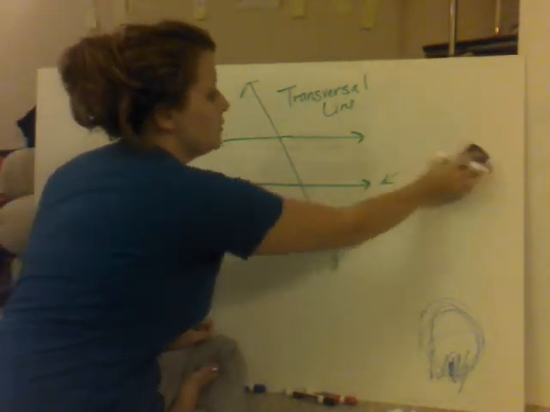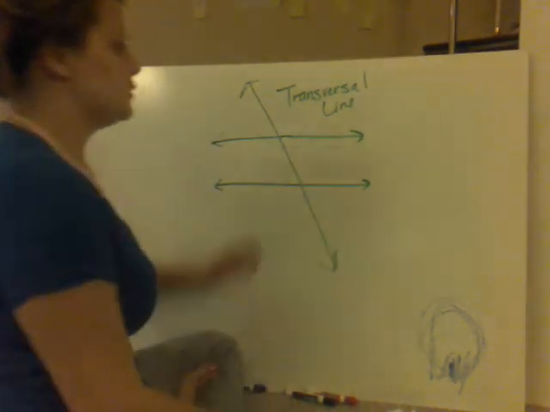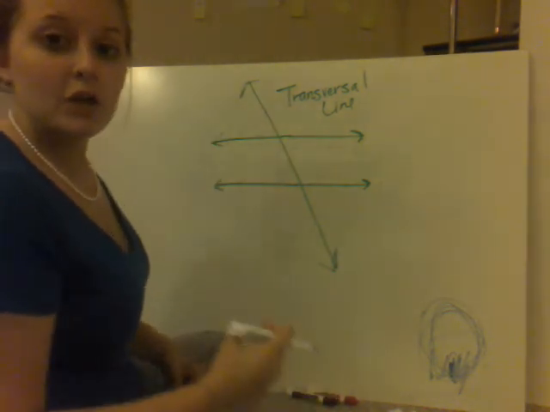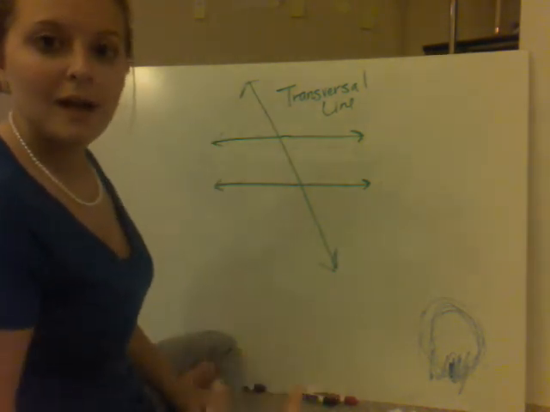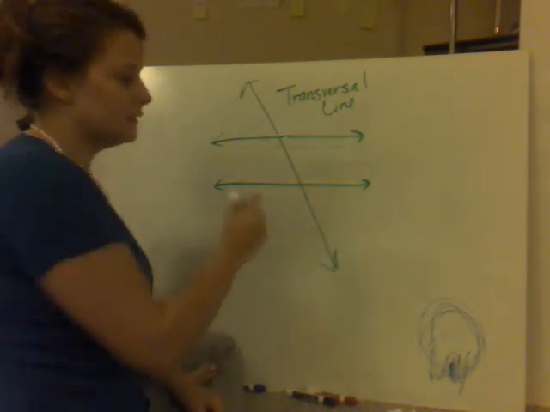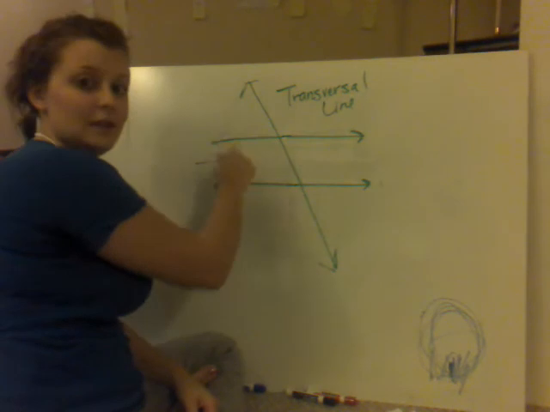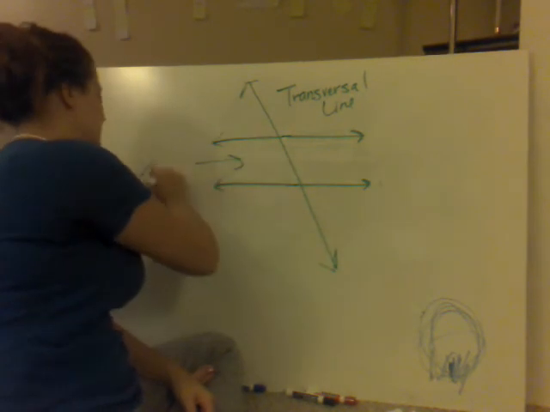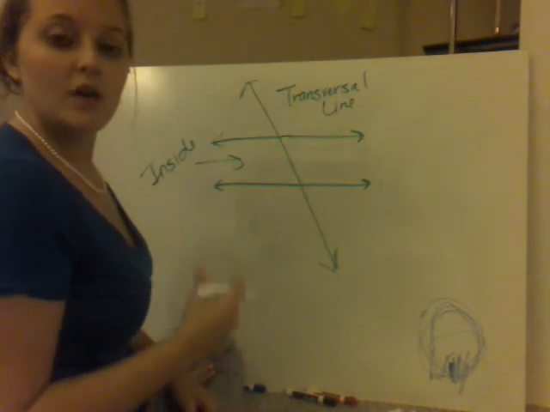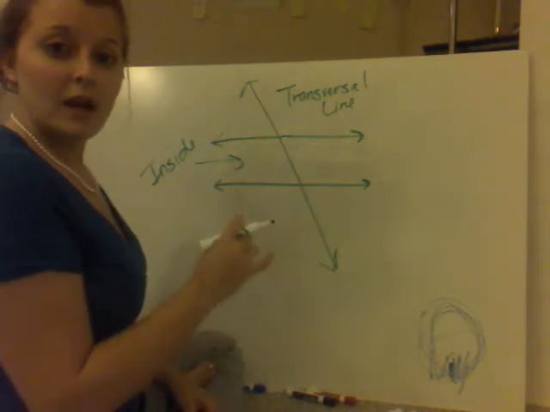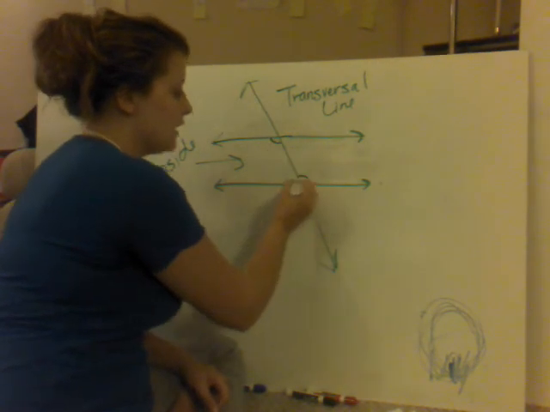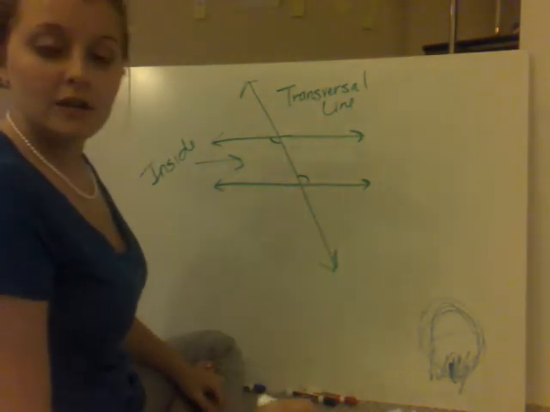So, let me erase this part. So we still know that this is a transversal line. Now we're going to do our alternating interior angles. And what does interior mean? Inside. Interior, inside. Inside, parallel line. Okay, now they're alternating interior angles. So this angle and this angle are alternating interior angles.